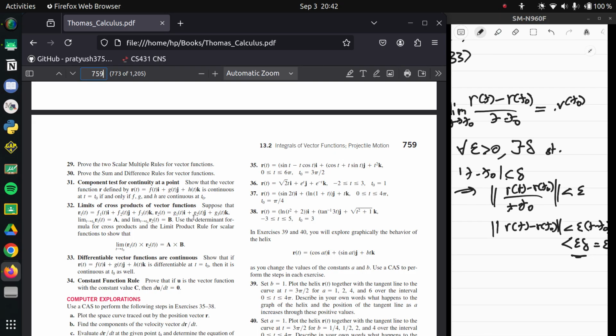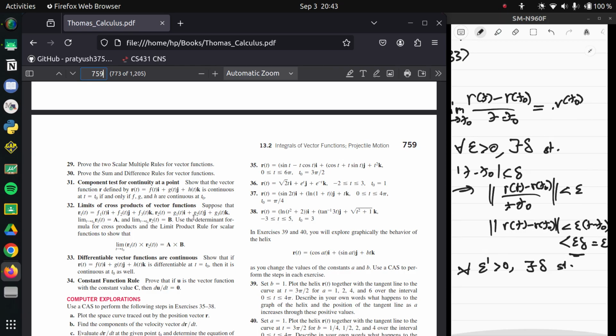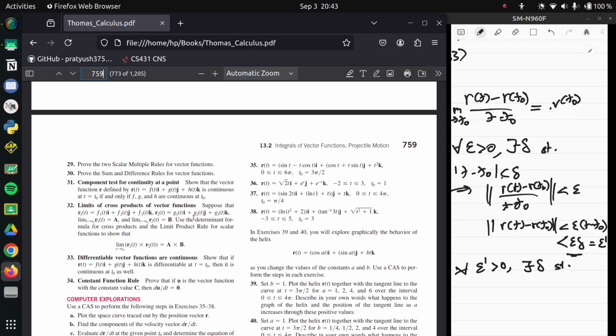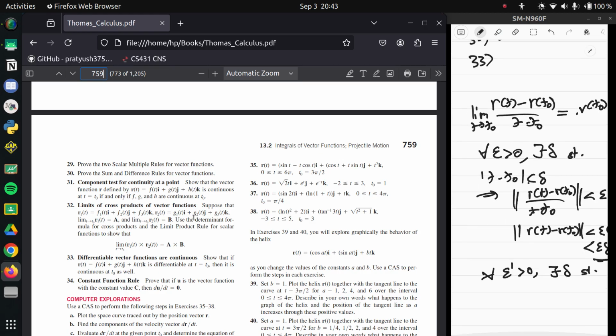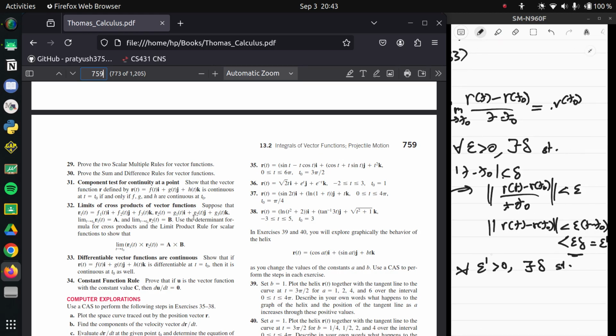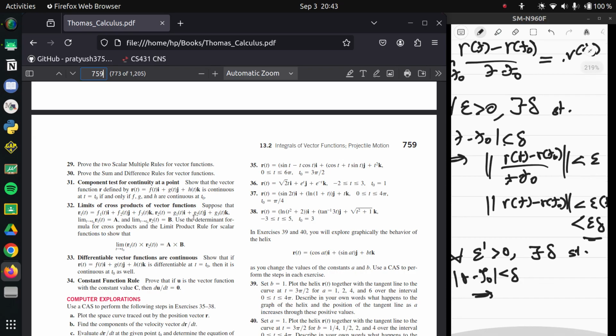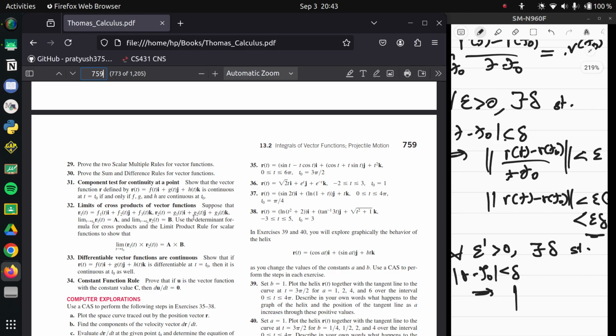So what you're saying is that for all epsilon dash greater than 0, there exists a delta such that, so we will define that epsilon to be just epsilon dash upon delta, such that t minus t naught less than delta implies this.